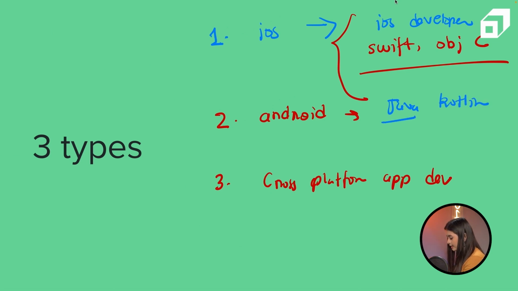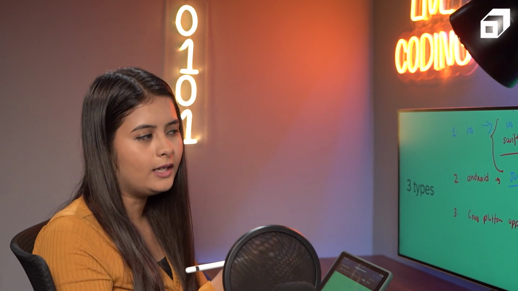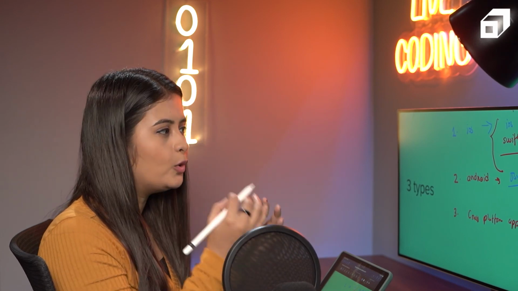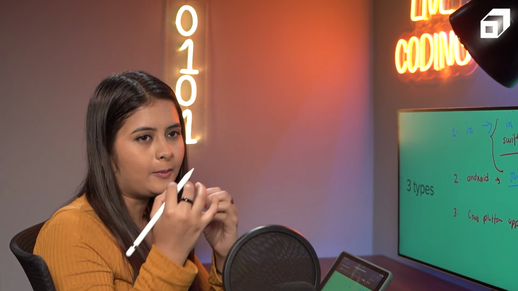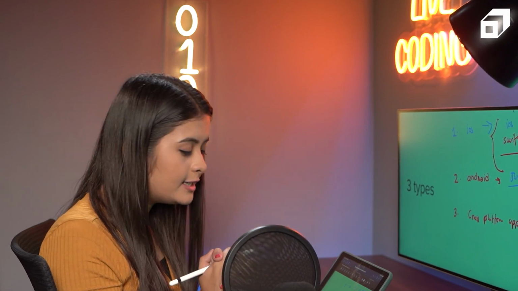We have already made a detailed video on this on Scalar's YouTube channel. We'll put the link there, on how to get into mobile application development and why you should pick Java or Kotlin. You can watch that as well.